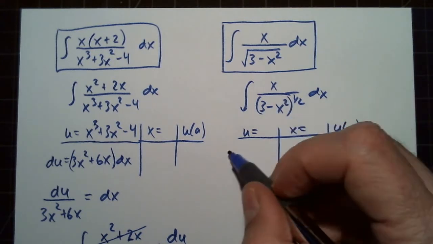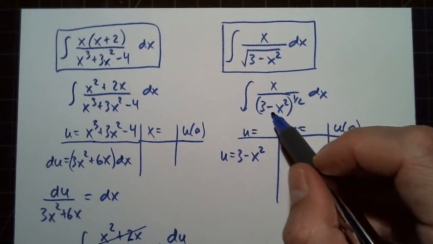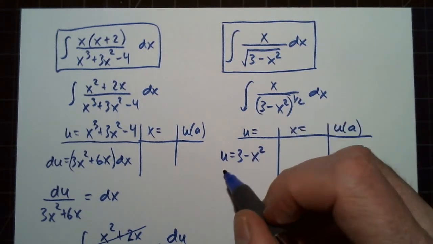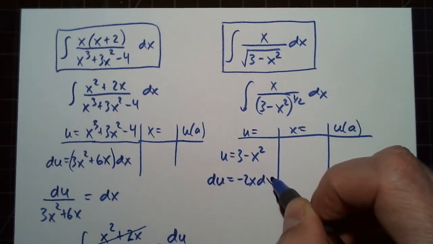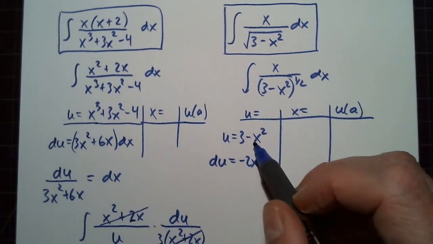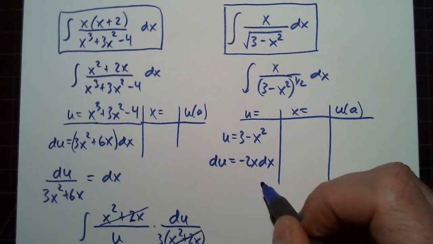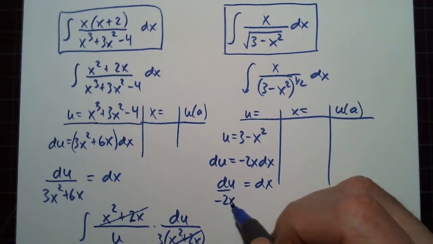So if we just let u equal the inside of the denominator, now we have du equals negative 2x dx. The derivative of this is negative 2x, so dx is du over negative 2x.